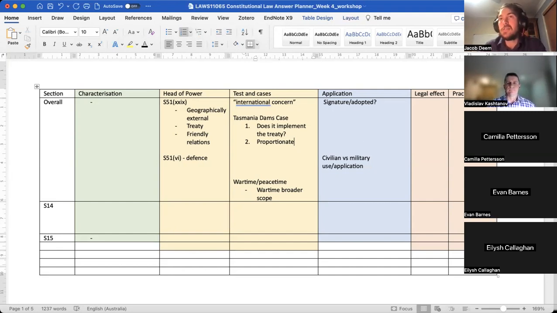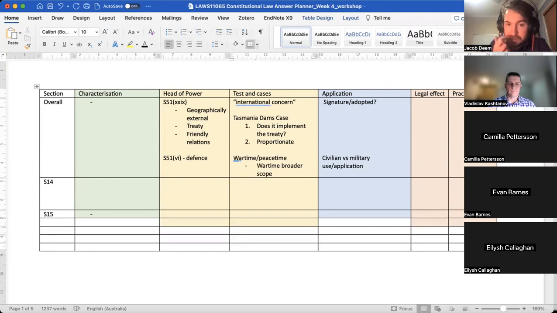And so Australia passes a law requiring that every tree in Australia gets cut down. It implements the treaty, right? It would stop there being any bushfires, but it's just so out of proportion to what's actually being tried to be achieved that it wouldn't be valid under the external affairs power. So this issue of proportionality, whether it's appropriate and adapted, is something that we need to really think about in terms of these bits of legislation as well.